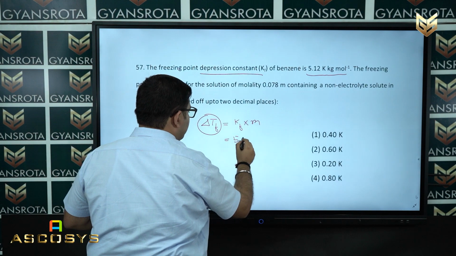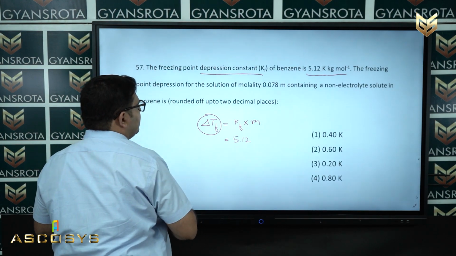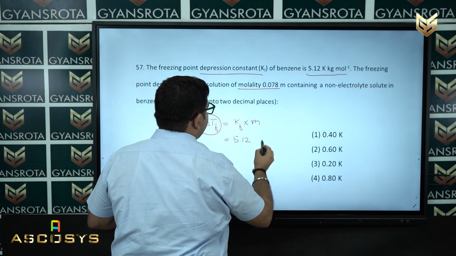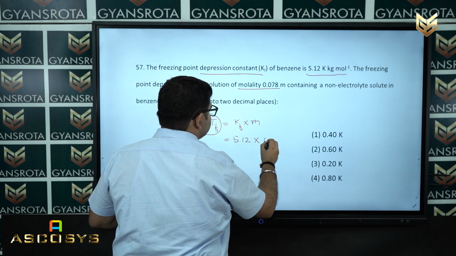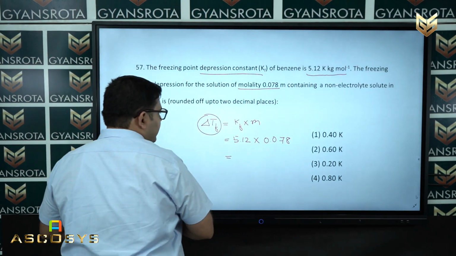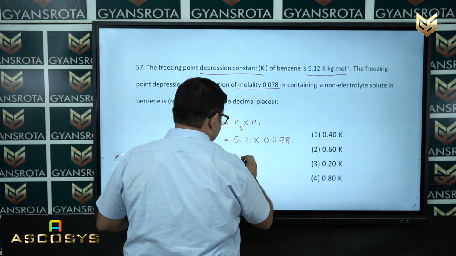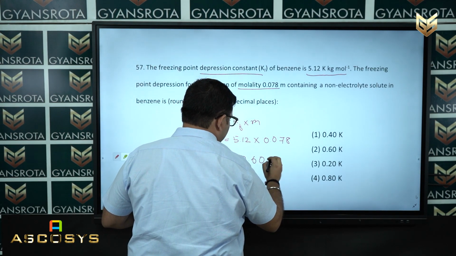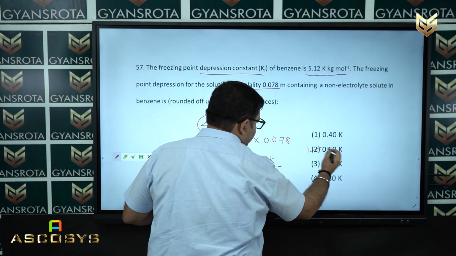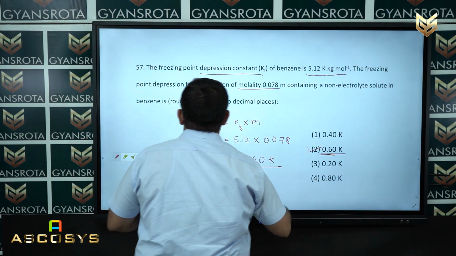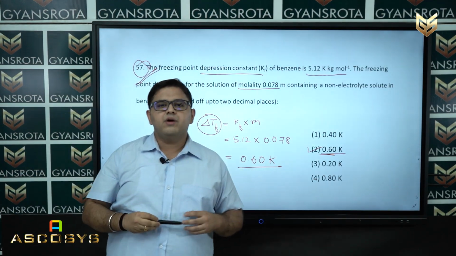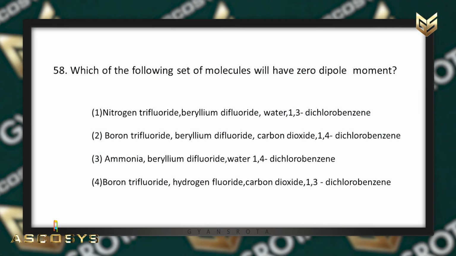Now, they give you the molality 0.078. Now, when you do the multiplication, your answer ends up with 0.60 Kelvin. So, among the 4 options, option number 2, 0.60 Kelvin, is the correct answer of your question number 57. So, now we are moving to the next question, that is question number 58.